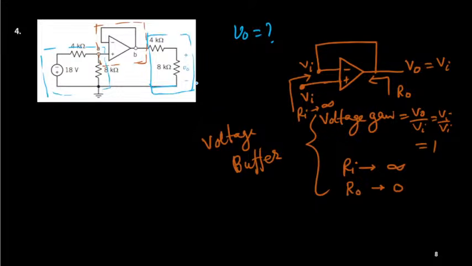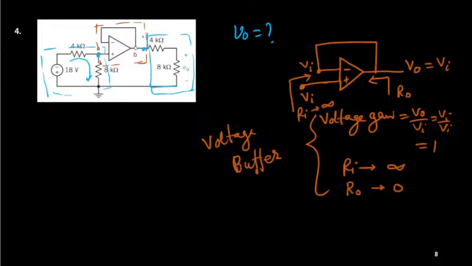If I connect these two directly, there will be some loading effect. Meaning, whatever potential you calculate considering just this circuit will not remain the same at this end if the op-amp is not there.